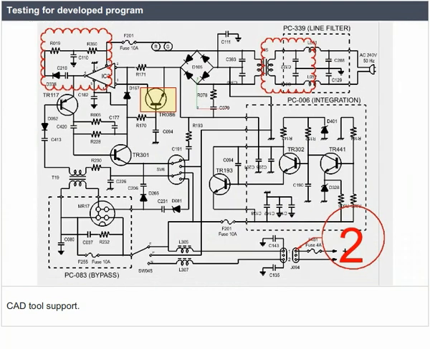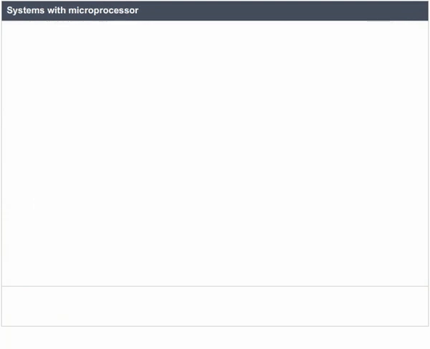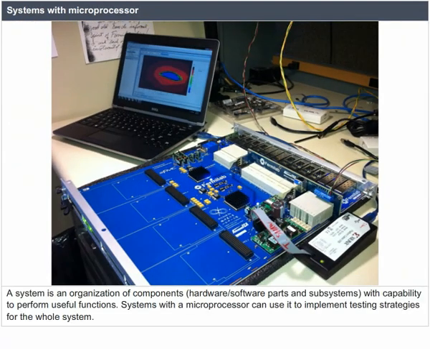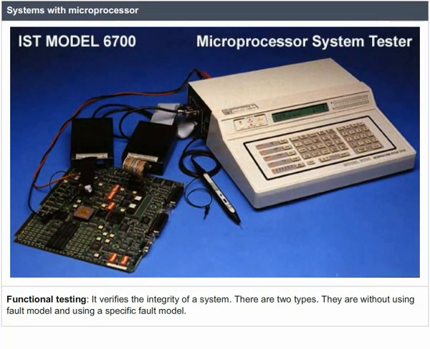A system is an organization of components, hardware, software parts, and subsystems with the capability to perform useful functions. Systems with a microprocessor can use it to implement testing strategies for the whole system. Functional testing verifies the integrity of a system. There are two types: without using a fault model and using a specific fault model.